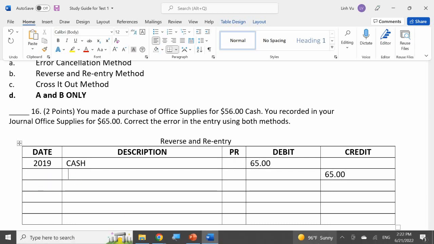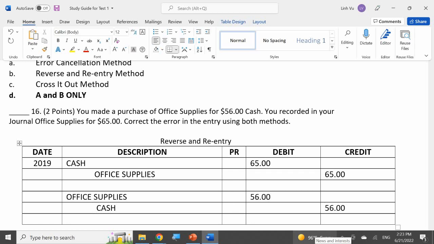And out of supplies, you take the 65 out of that too. And then you go in and you do office supplies for the correct amount. Good. And you get cash for the correct amount.